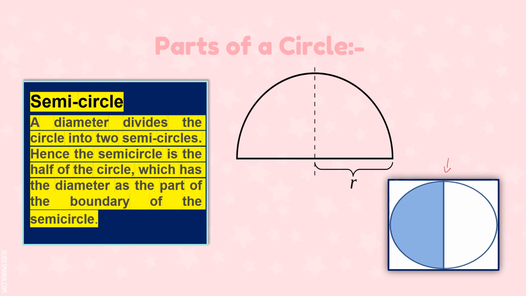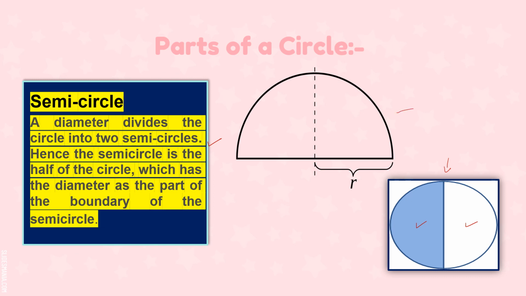The longest chord that passes through the center. So the diameter divides the circle into two equal parts, like I have one over here and the second over here, and these two equal parts are each called a semicircle. So a diameter divides a circle into two semicircles, right? And hence a semicircle is half of the circle.